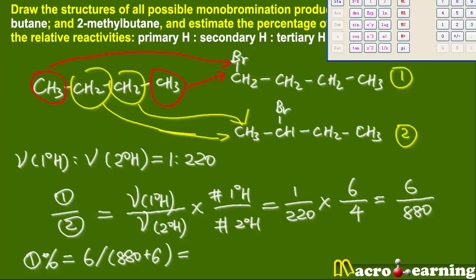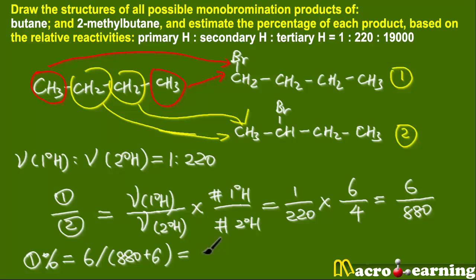Okay, 6/886. So it's 0.68. If we want two significant figures, that is 0.68 percent.